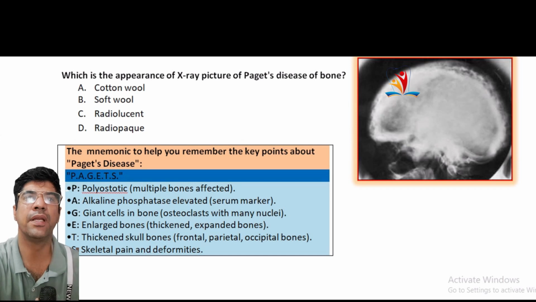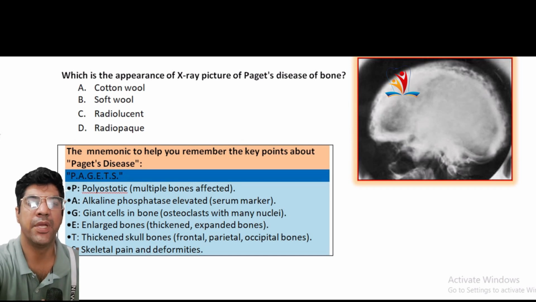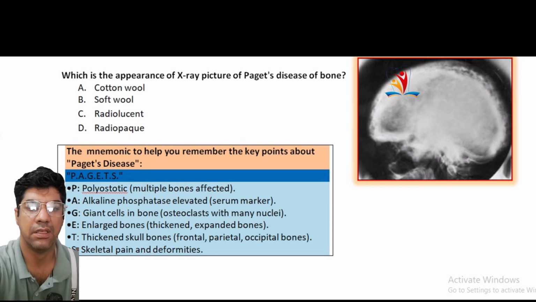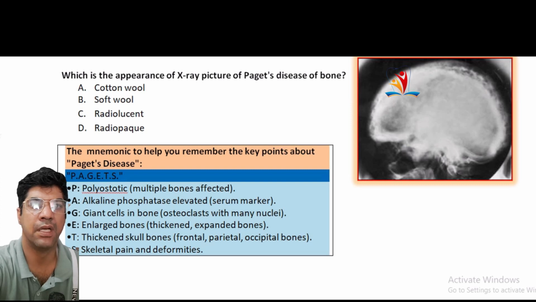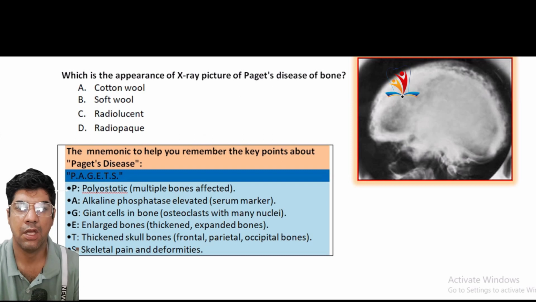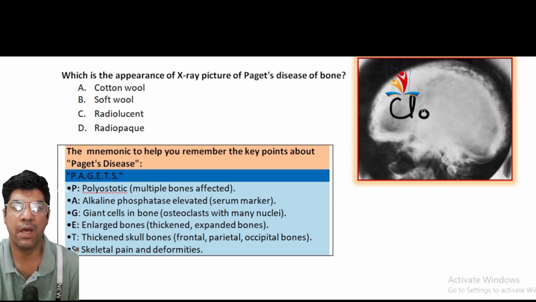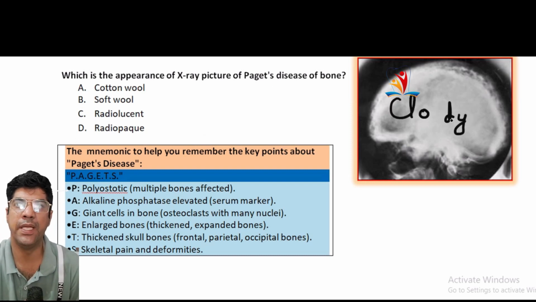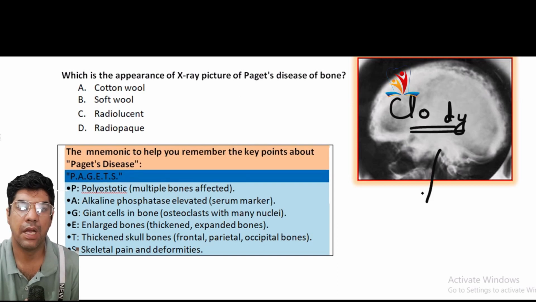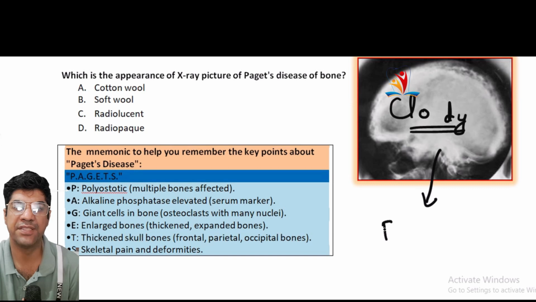Moving to the next question. What is the appearance of the X-ray picture of Paget's disease? It's a cotton wool appearance. This cotton wool appearance represents a cloudy or mottled appearance seen on X-ray due to increased bone density.